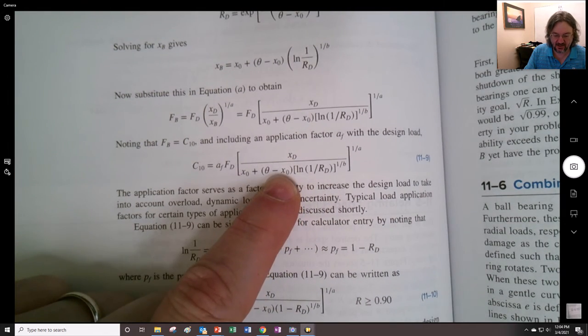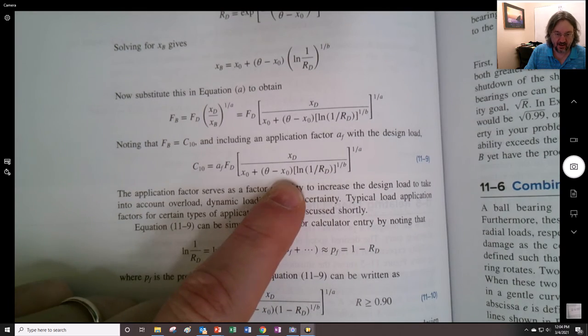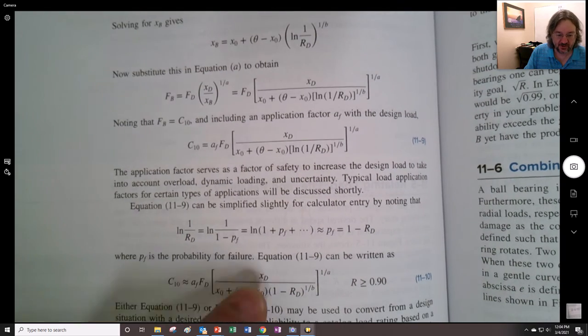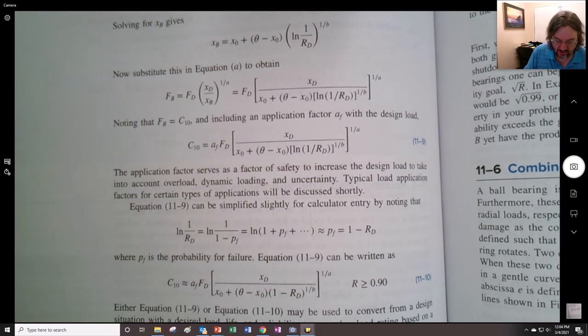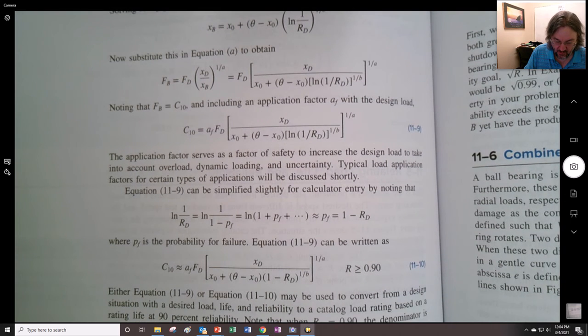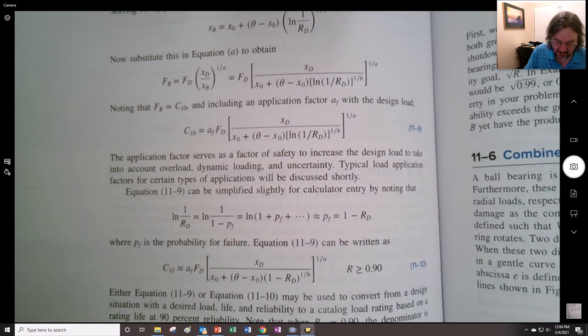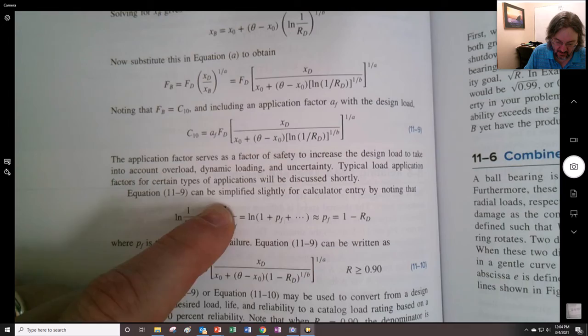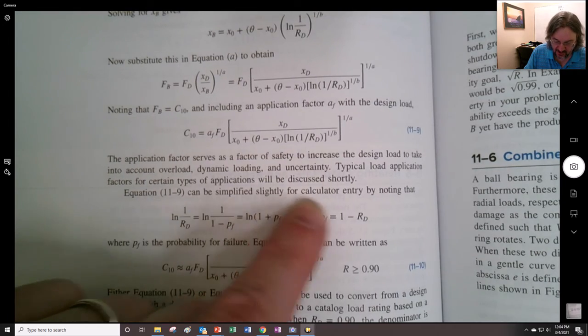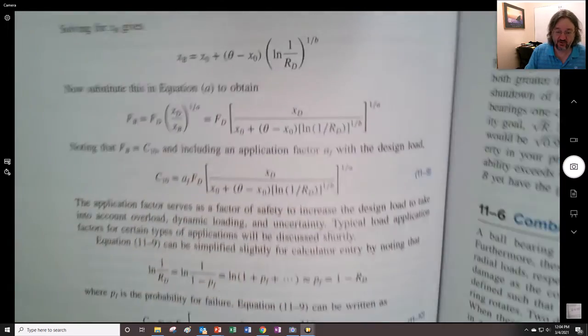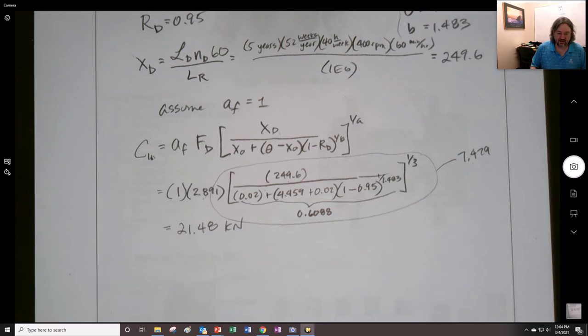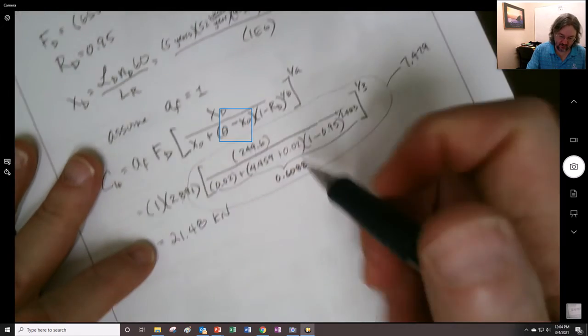I find it kind of interesting that they have two different ones in here. I don't know why they would want to do that. It can be simplified slightly for calculator entry by noting this right here. So what would be the difference?